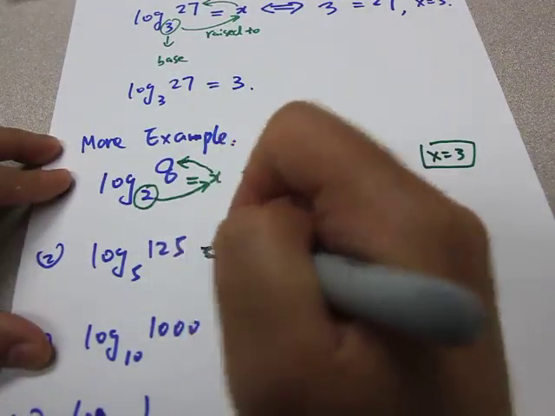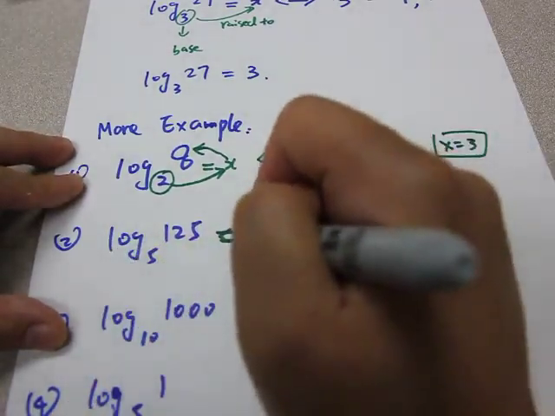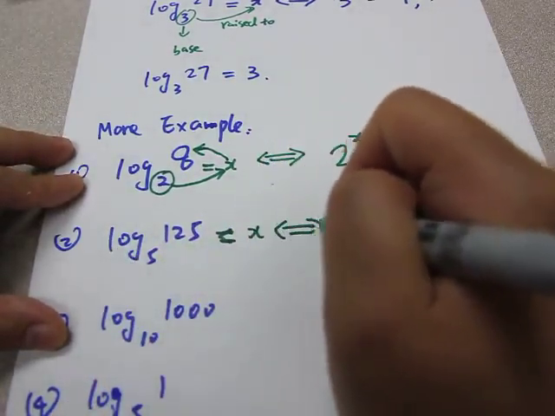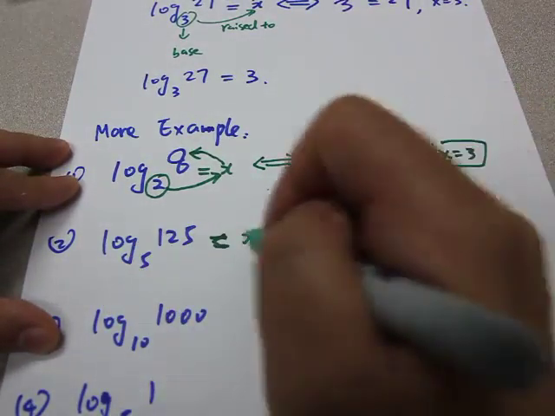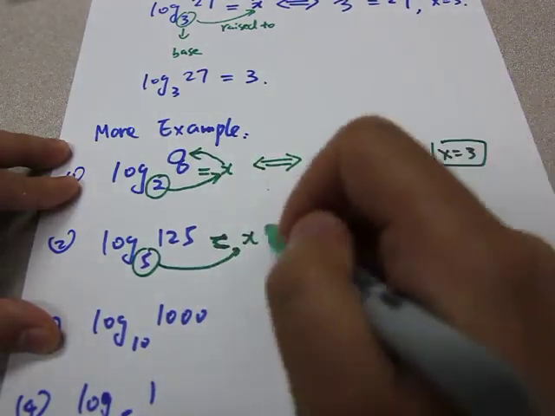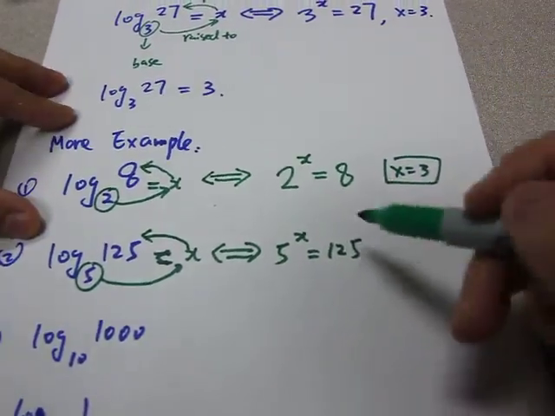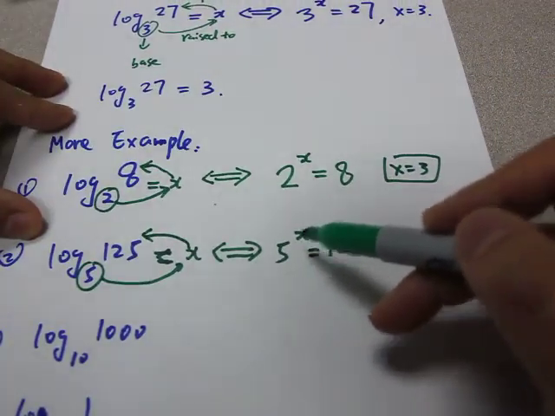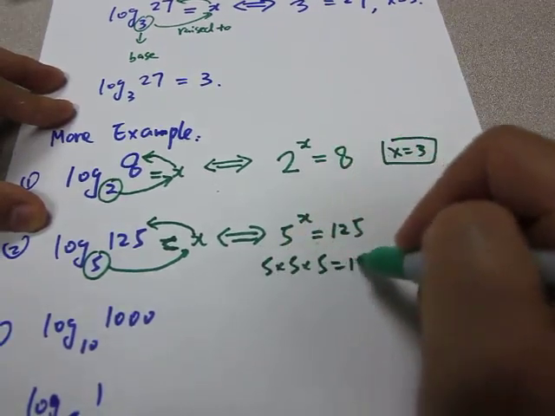Let's take a look at this one. Log 5 of 125 equals x. Therefore, 5 raised to the power of x is going to be equal to 125. Now 5 squared is 25, and 25 times 5 is 125.